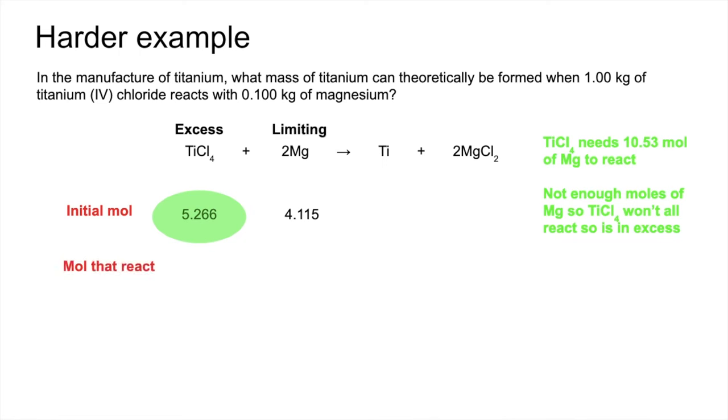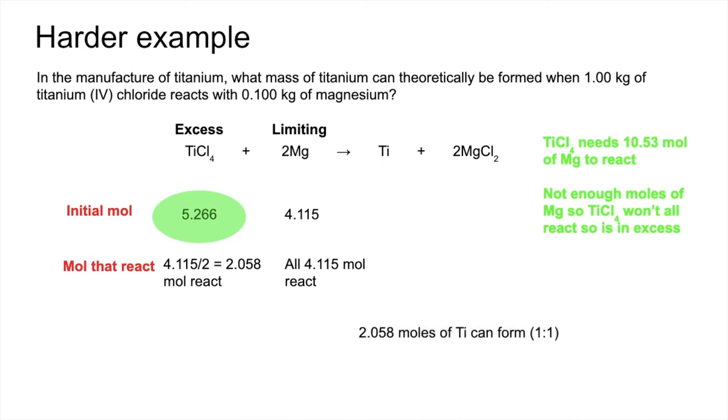So moles that react now, well, obviously all 4.115 moles of magnesium will react, but in terms of the TiCl4, half of 4.115, it's a 2-to-1 ratio, so only 2.058 moles of the 5.266 will actually react. So in terms of how much titanium we can make, we can get 2.058 moles of titanium.